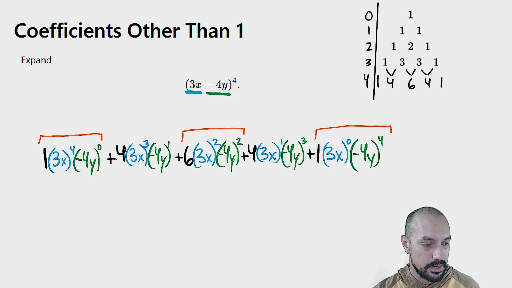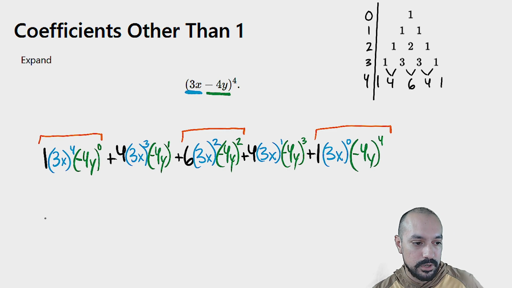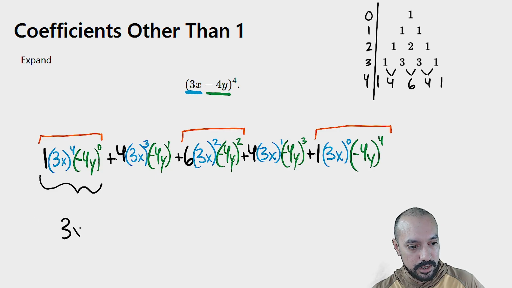Let me go ahead and rewrite that. When I rewrite it, I'm also going to dump anything that's multiplying 1 or any exponents of 1. For example, this term here is just going to become 3x to the 4th power, because this one is irrelevant and this is also equal to 1.